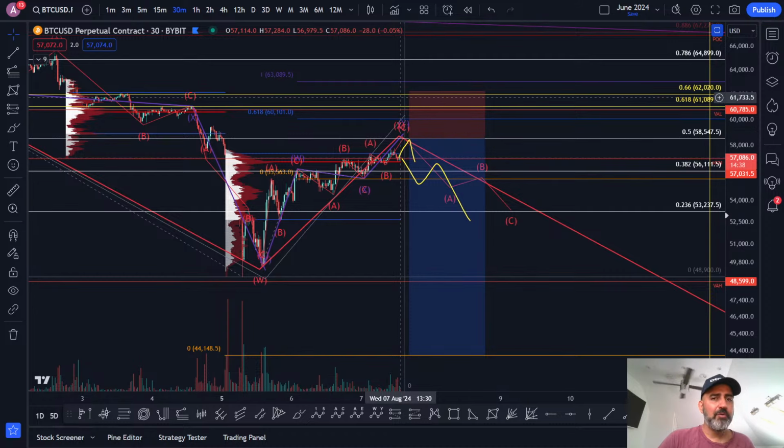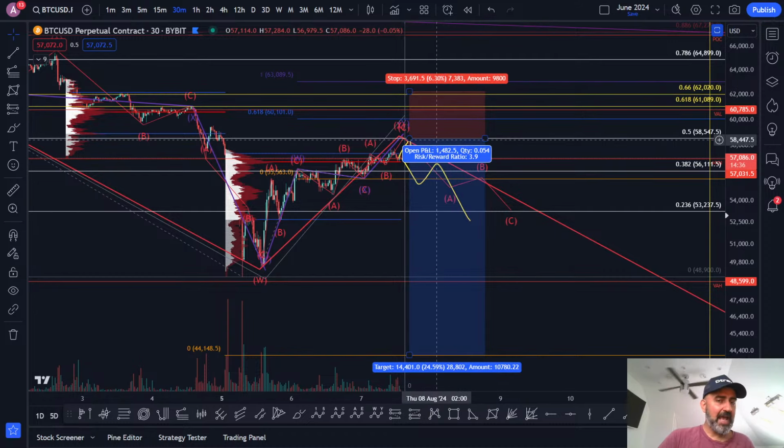You probably have to start with a slightly wider invalidation, and then as the price turns, you can bring down your invalidation and you can add to your position. So what I recommend is you start off with your correct position size with your short, and then you only add on weakness, you don't add to strength.